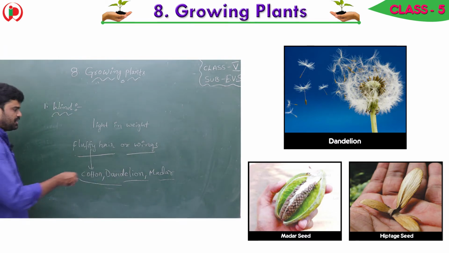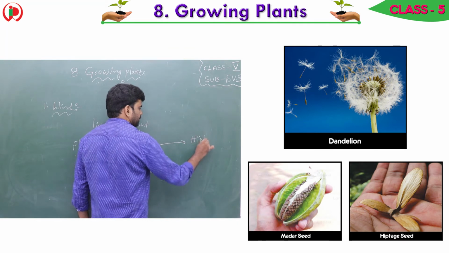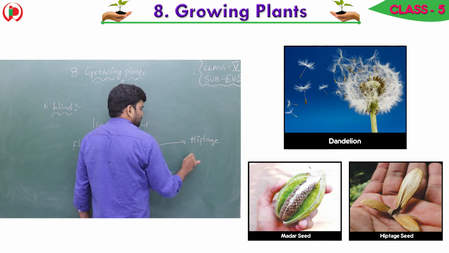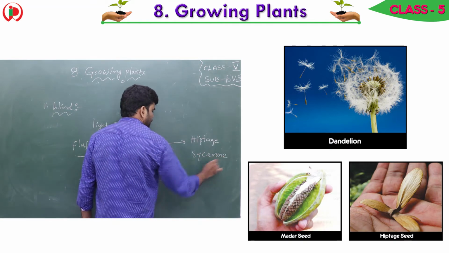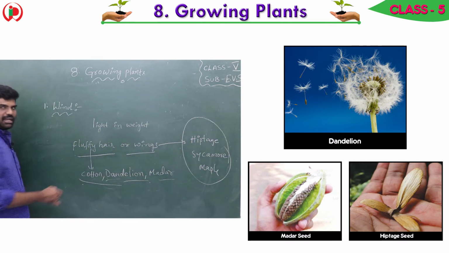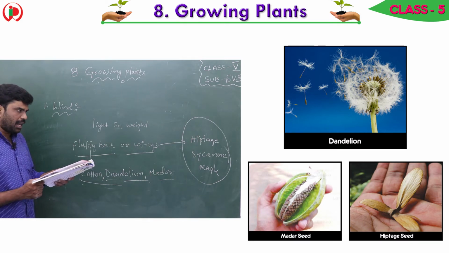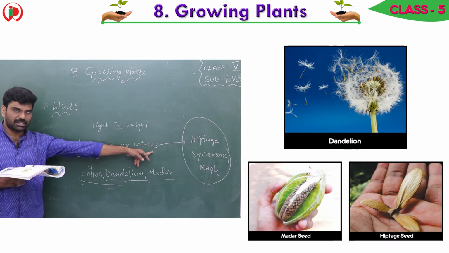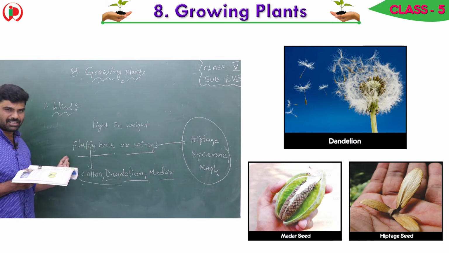So wings are present in hiptage, sycamore and maple. In these three the fluffy hair is present. Okay, so sycamore, maple and hiptage, the wings are present. Here in the cotton, dandelion and mother, fluffy hair is present.